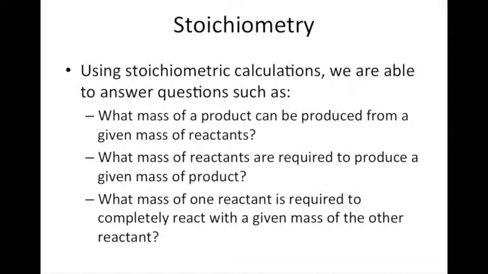Secondly, what mass of a reactant or reactants are required to produce a certain mass of a product? Also, what mass of one reactant is required to completely react with a given mass of the other? So these are just a few examples of some fundamental questions that we'll be able to answer when we become familiar with stoichiometric calculations.